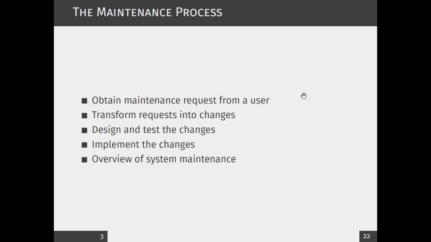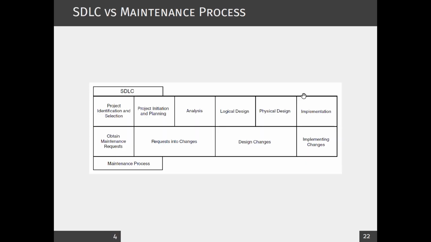Right. Having looked at the maintenance process, let's briefly look at the difference between the standard software development life cycle and the maintenance process. One thing we mentioned earlier is that the maintenance process is also similar to the software development life cycle.